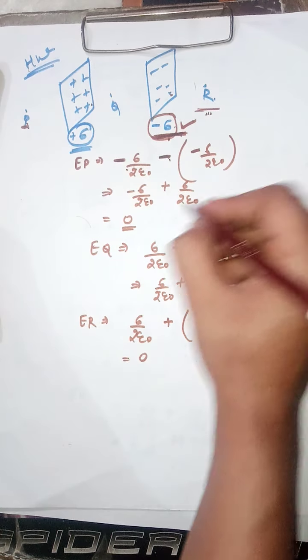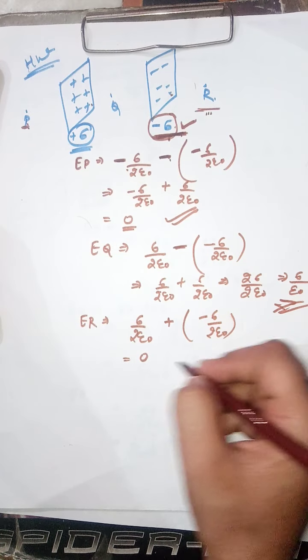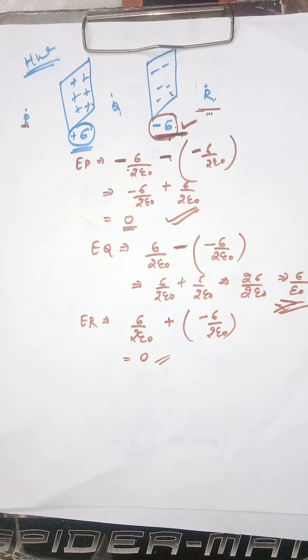So in this way, we have calculated the value of electric field at the 3 points, P, Q and R. The value of electric field at point P and at point R is 0, and the value of electric field at point Q is sigma by epsilon naught.